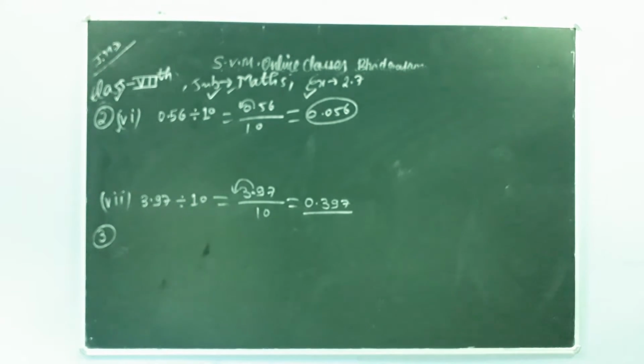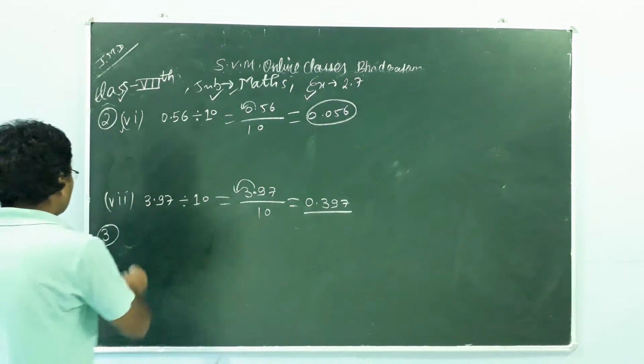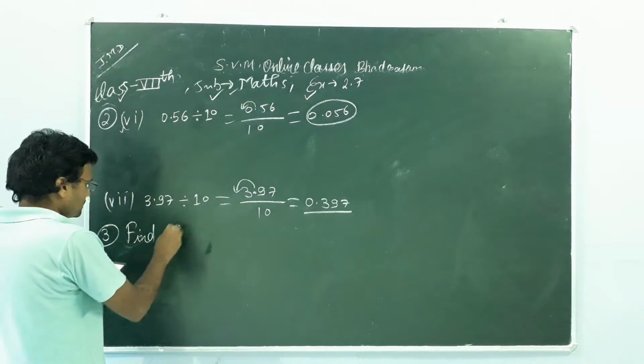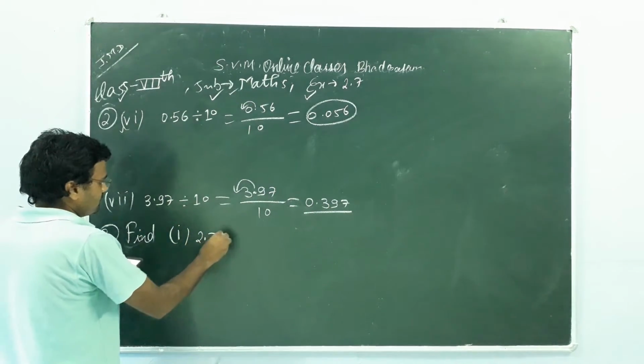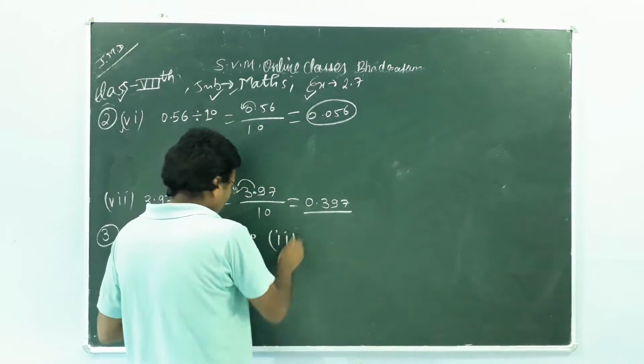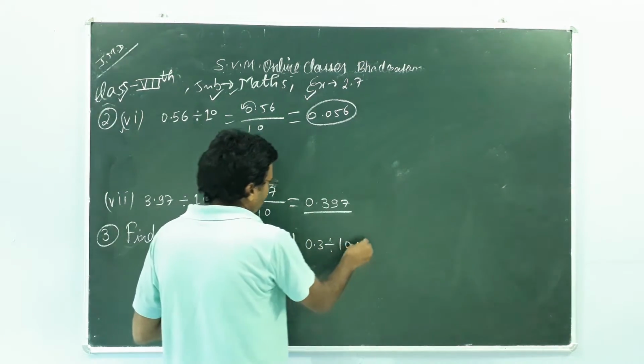Question number 3 is: find the following. The first one is 2.7 divided by 100. The second one is 0.3 divided by 100.